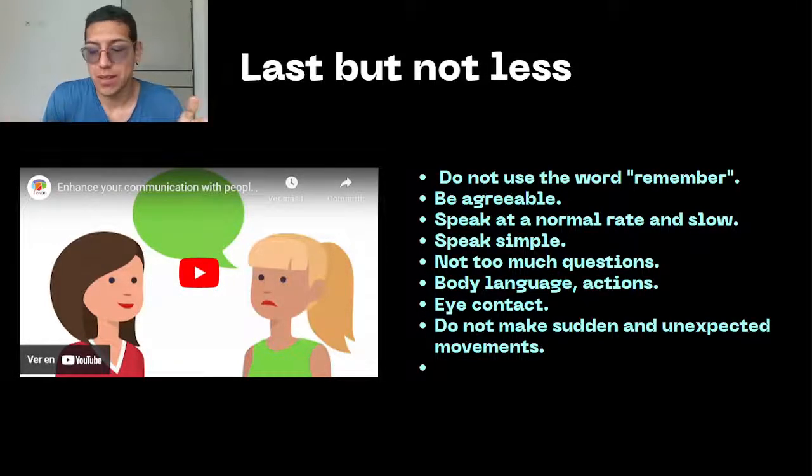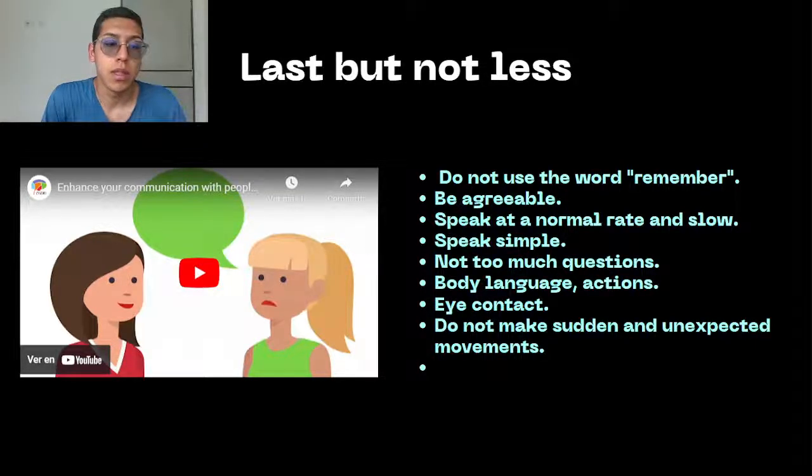And last but not least, this video shows how you can improve your skills when you are going to have a conversation with someone with Alzheimer's. Basically, here are the rules that the video shows. Do not use the word remember, for obvious reasons.